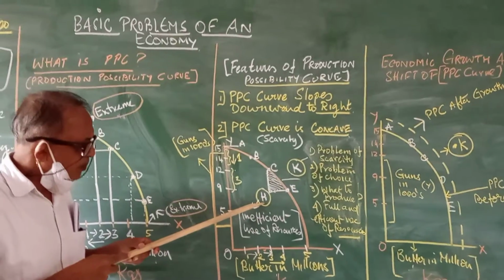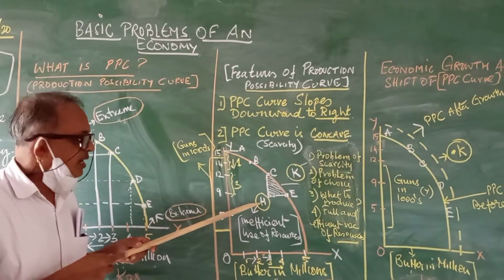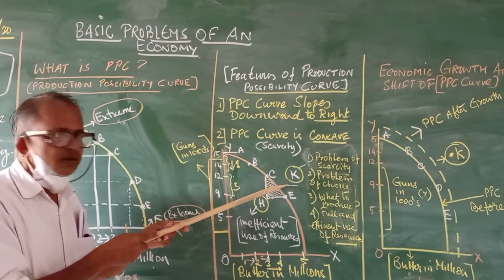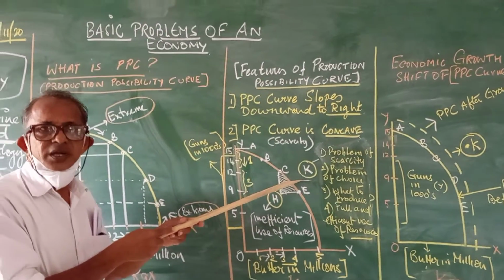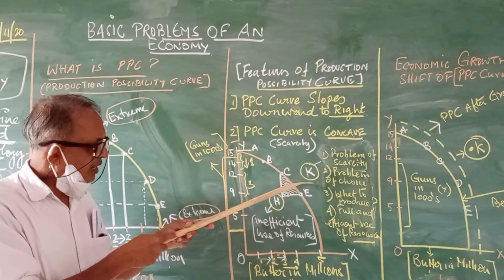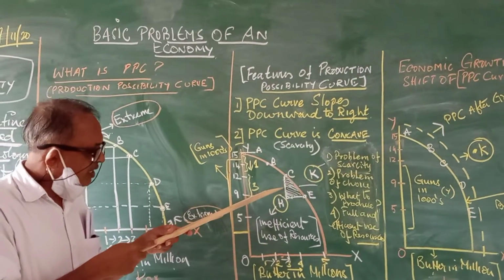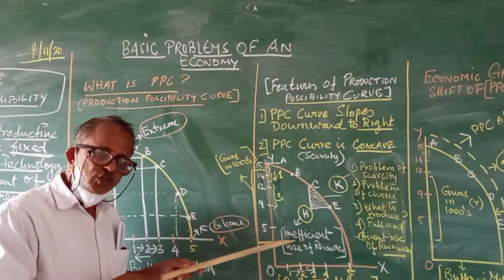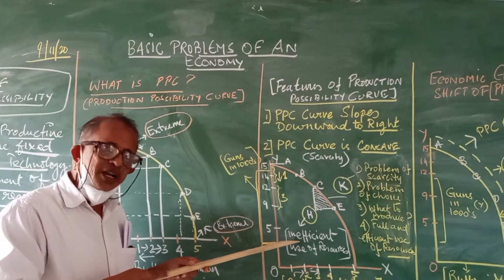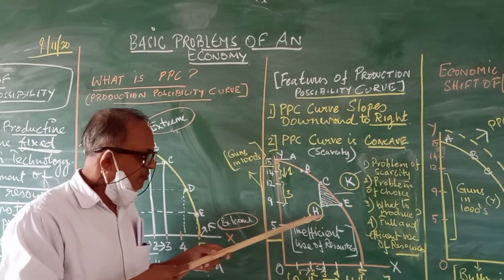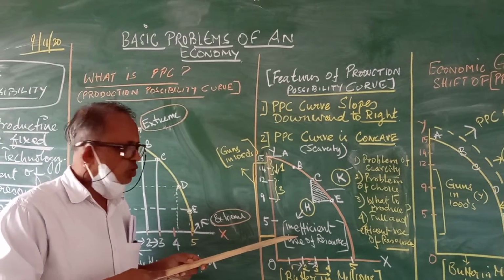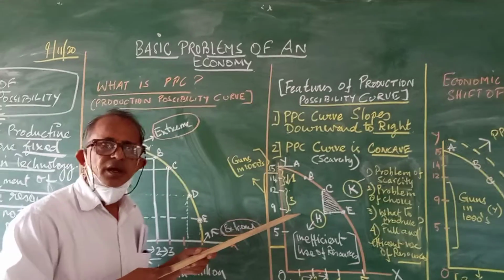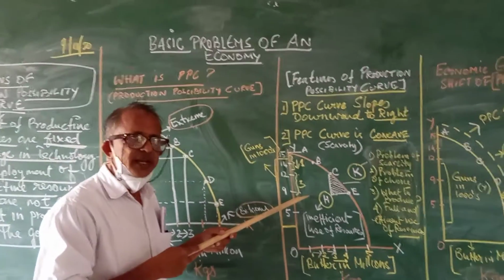So what do these two plottings, H and K, indicate? That an economy cannot go out of this curve to increase its production, and at the same time it cannot allow the available resources to go unused. This is what plotting K and plotting H indicate in this graph.